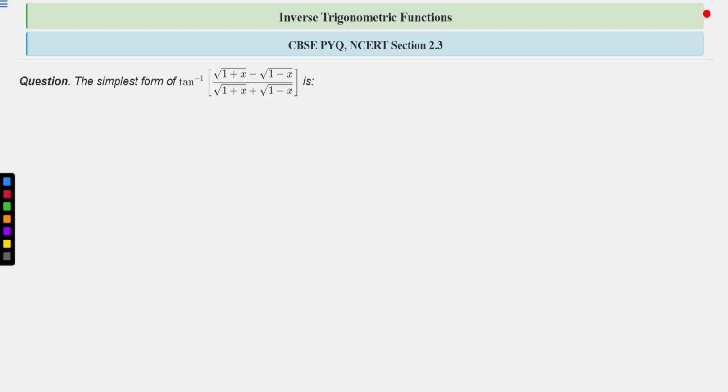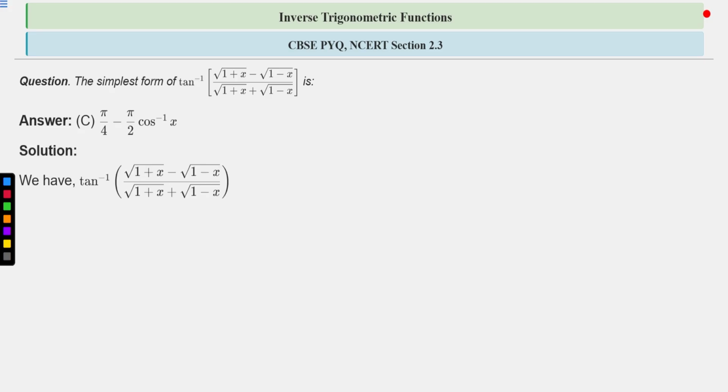We have to write the given expression tan inverse of (root over 1 plus x minus root over 1 minus x) upon (root over 1 plus x plus root over 1 minus x) in the simplest form. The correct answer is option C, which is pi by 4 minus pi by 2 cos inverse x. Let us see the solution part.